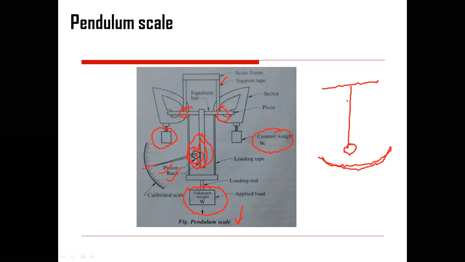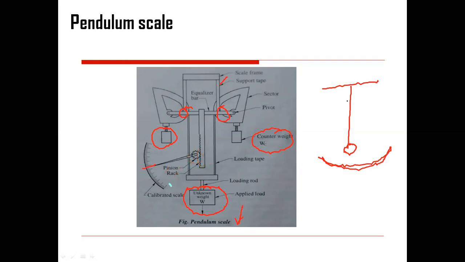So it will try to represent the resultant output, how much, if suppose this unknown weight is being increased, or the equilibrium bar of the counterweight is unbalanced, at that time it is going to generate the output.